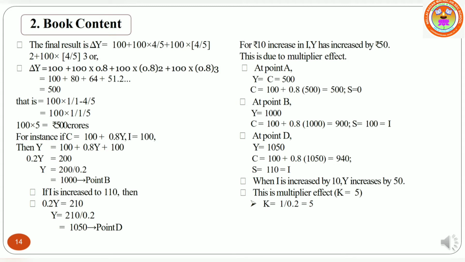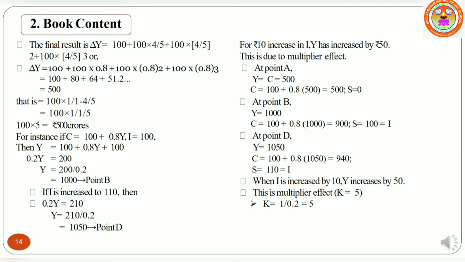Next one, the same as we discussed above. The final result is delta Y, that means change in income, equal to 100 plus 100 into 4 by 5. 100 into 4 by 5, how much will we get? 80, plus 100 into 4 by 5 the whole square.